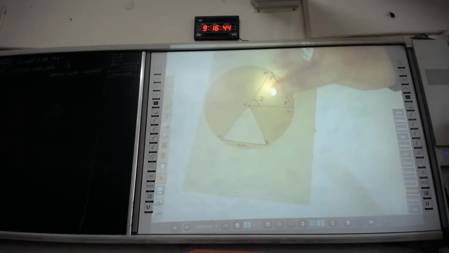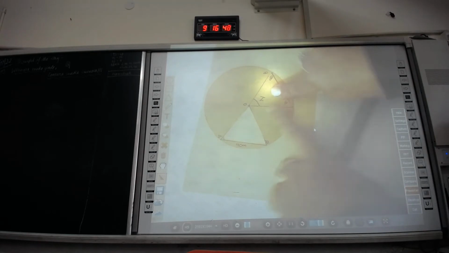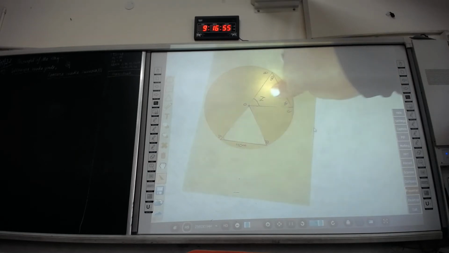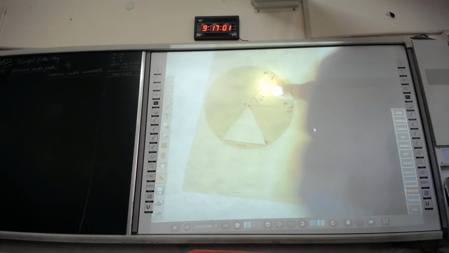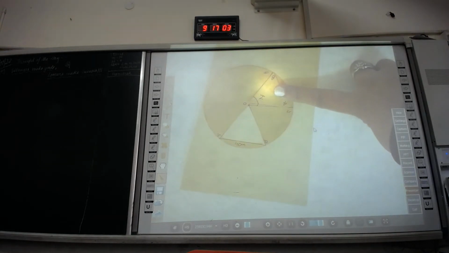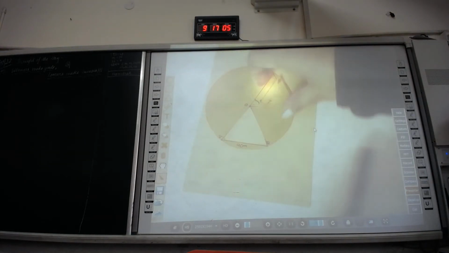Is it superposed completely? Yes, ma'am. A is covering, angle 1 is covering angle 2. Yes, completely. That means angle 1 and 2 are equal. Also here we can say that triangle OAB is congruent to triangle OPQ.